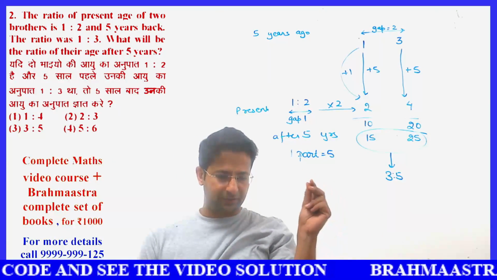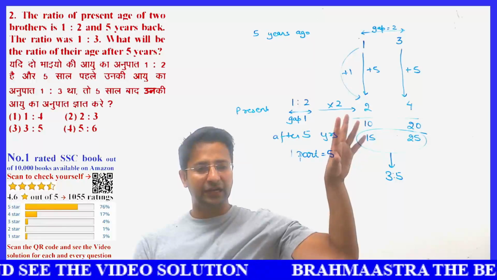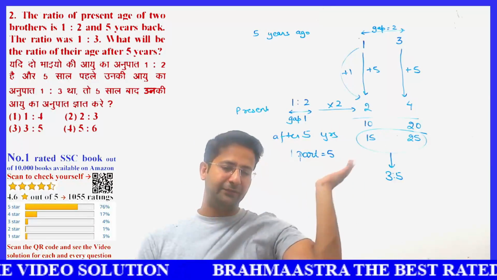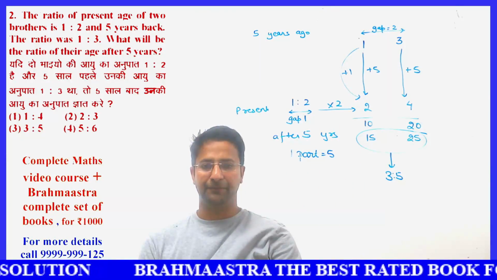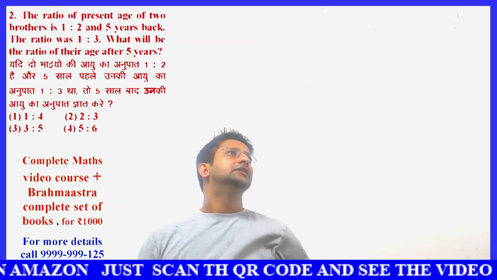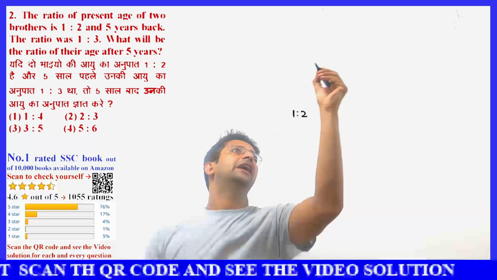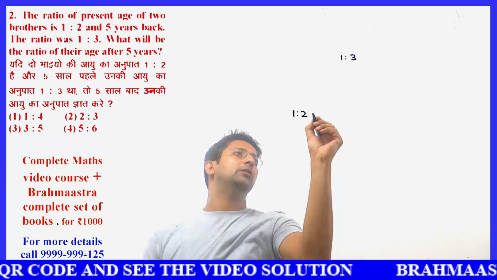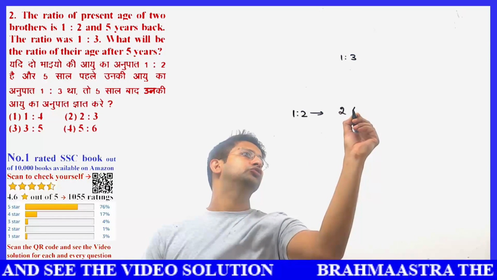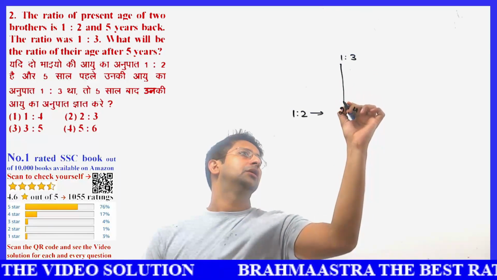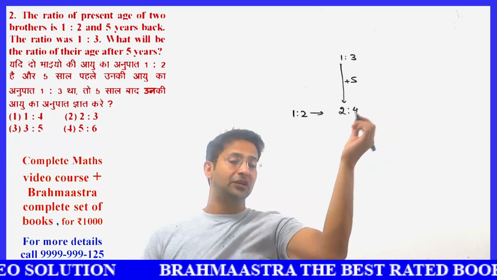Let me rub this for a moment, and then I'll teach you how you can just wipe this question off within a second. See, right now the ratio is 1 is to 2. 5 years back it was 1 is to 3. What I'll do, I'll multiply this by 2 so that it becomes 2 is to 4. This is if you add 5 years. So what does it mean?